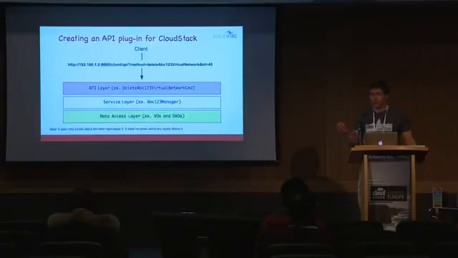The service layer knows about the data access layer, but the data access layer does not know about the service layer. So you can see that separation of concerns throughout here, where we have an API layer, a service layer, and then a data access layer.